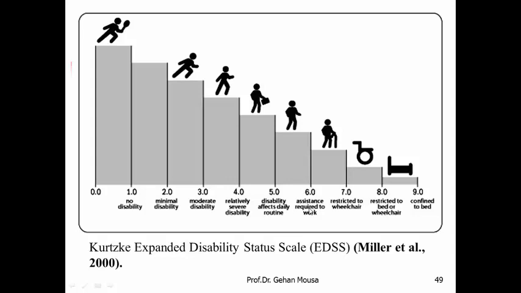Number 6, the patient needs assistance to transfer, needs assistance to carry out the normal ADL activities and self-care activities. Number 7, the patient here is confined or restricted to a wheelchair, so he lost part of functions, which is the ambulation or mobility.